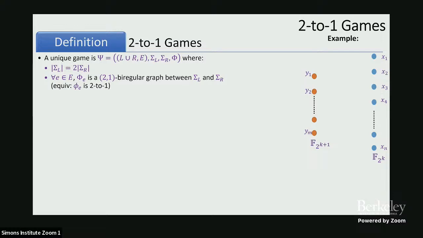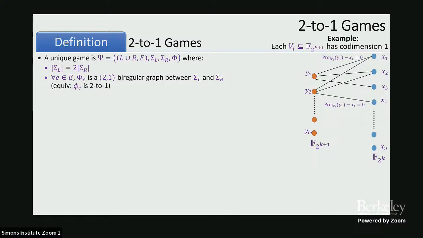Now, how would a 2-to-1 constraint look in this setting? Well, here is one type of constraint you can look at. Suppose for each edge, I have some subspace. You should think of it as F2 to the k plus 1, so it's a vector space of dimension k plus 1. Imagine that for each edge, I have a subspace of codimension 1.